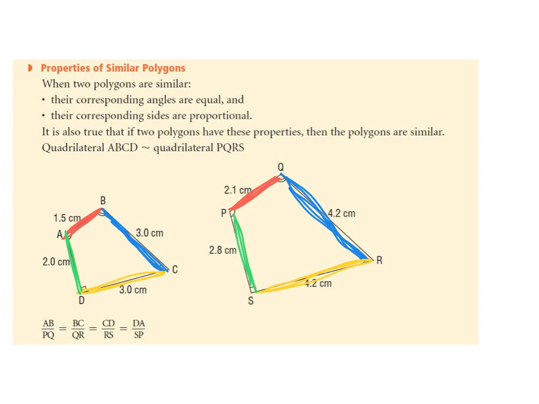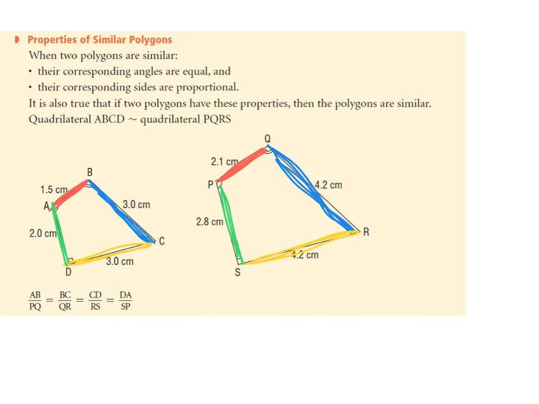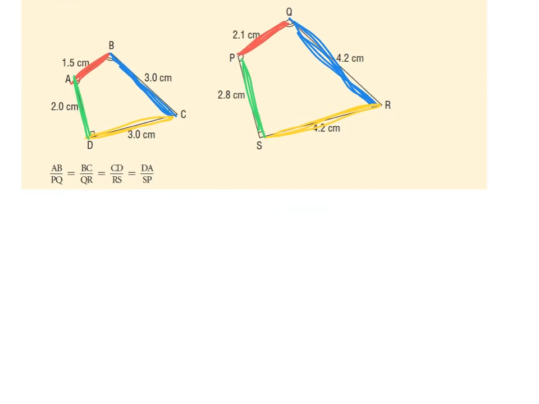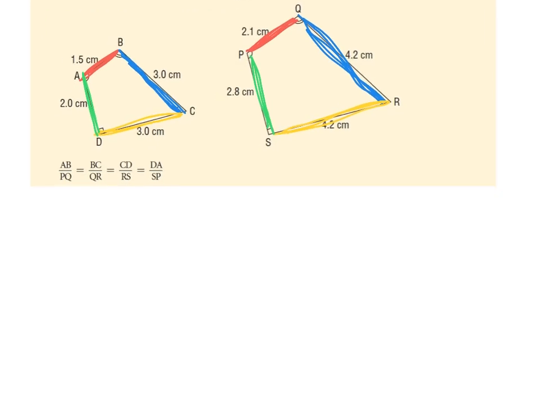So what we can start to do is we can start to look at the scale factor that we used to figure out all of these to get our enlargement. So our first pair, I'm going to do my red pair, the scale factor, and I'm going to put my scale diagram on top. So this one I'll put on top, so 2.1 divided by 1.5, which gives me 1.4.